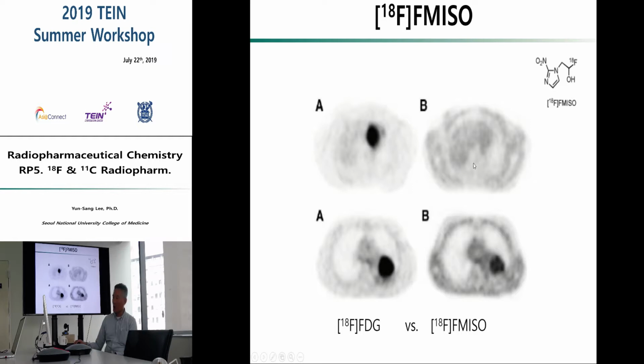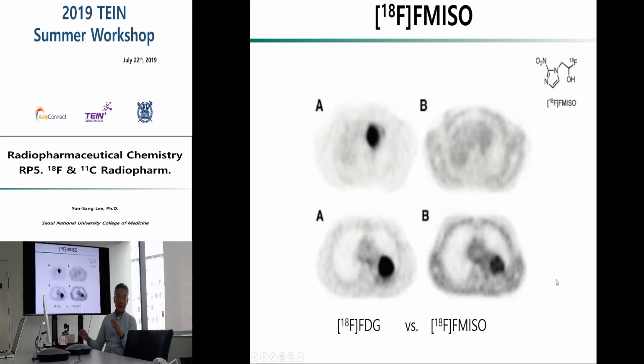images from one patient, and these images from the other patient. You can see the high FDG uptake, but in the case of the misonidazole image, one patient shows no uptake, meaning this tumor has a normal condition, while this tumor has a hypoxic condition.